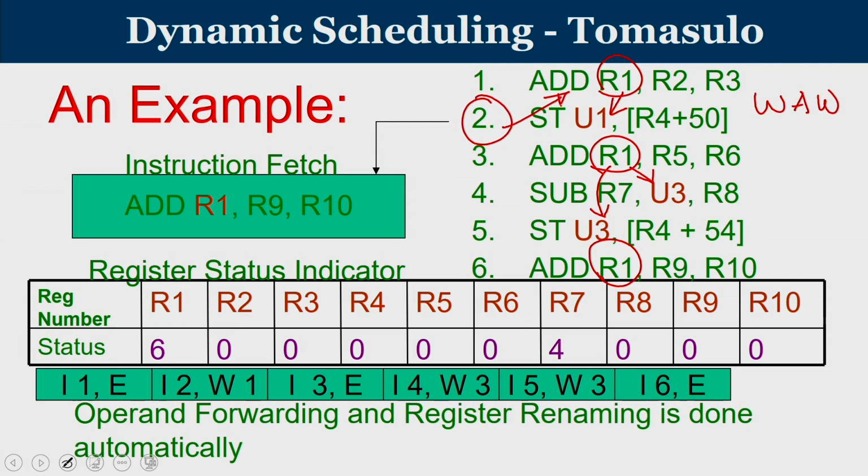To 2 I am not telling it to go to R1, you are telling the functional unit. Whereas 4 and 5 want this result of R1, they are not given direct access to R1, rather they are asked to read the value produced by U3, and after instruction 6 they will look into the result produced by the sixth functional unit.